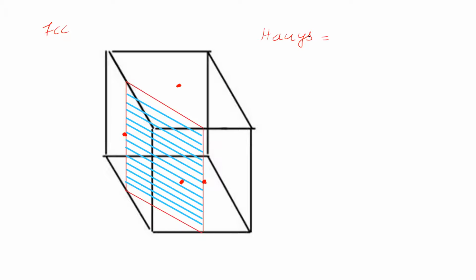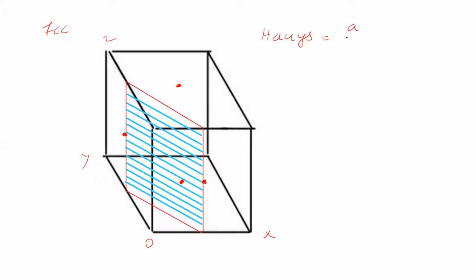For the intercepts, we take the origin, this is the x-axis, this is the y-axis, and this is the z-axis. In the x-axis you see it is cutting at a by 2.